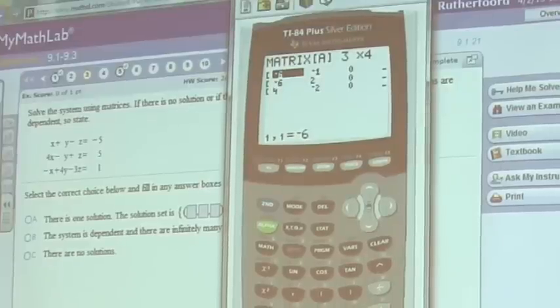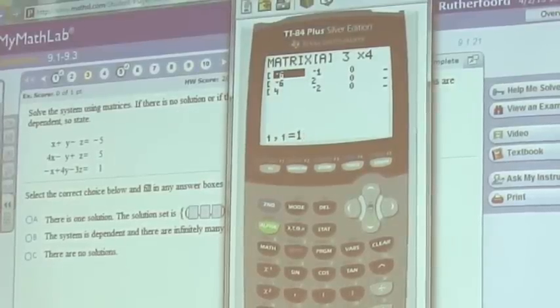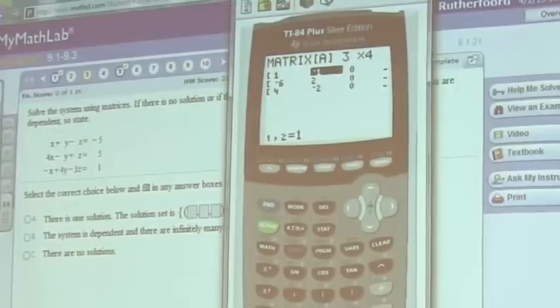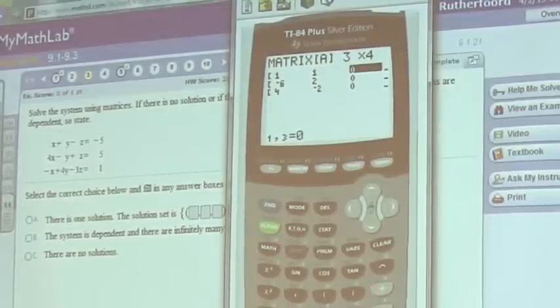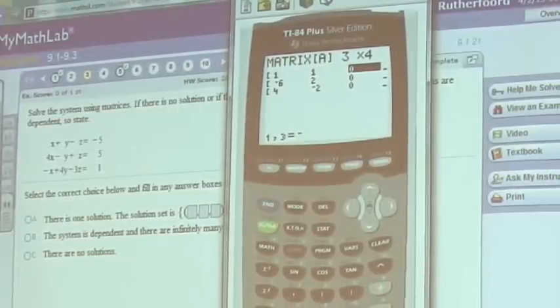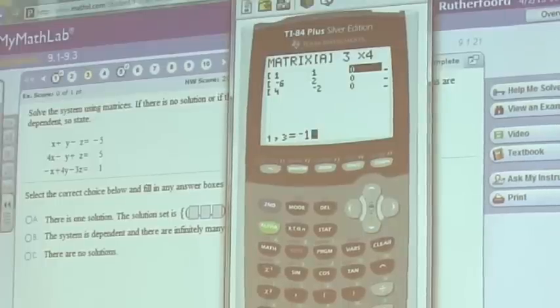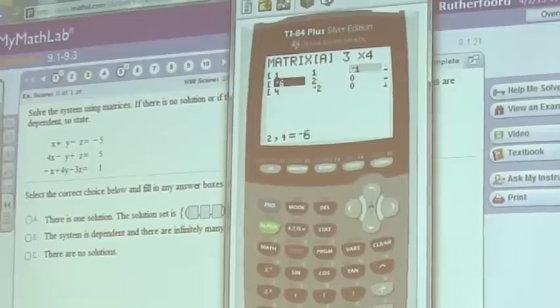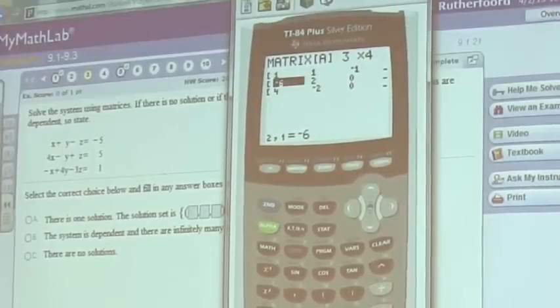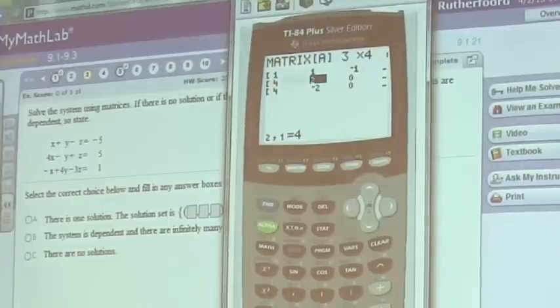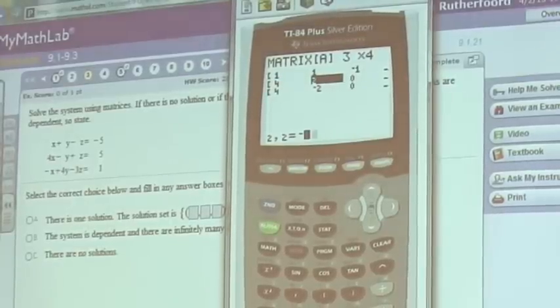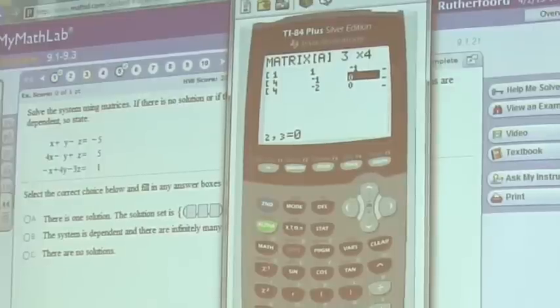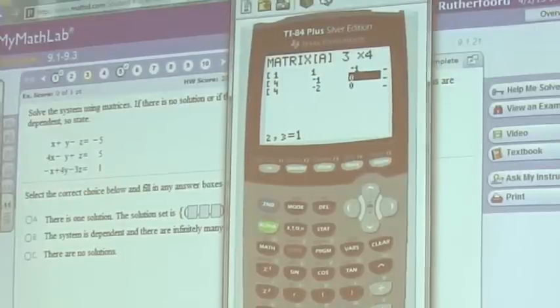And then we want to go right across. So it'll be 1, 1, minus 1. You want to use the minus at the bottom of your keypad. And then a minus 5. The second row we have a 4, a minus 1, a 1, and a 5.